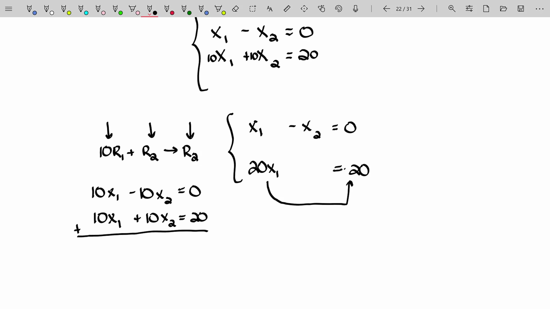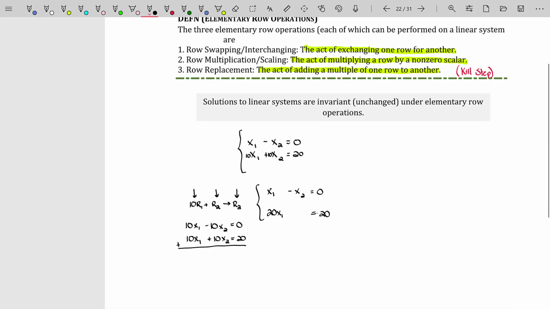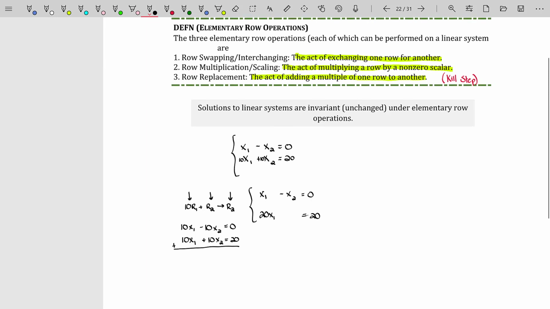So that solution has not changed. And by the way, if x sub 1 is 1, it forces x sub 2 to be 1 as well. So the solution still hasn't changed within the system. Again, a pretty decent justification as to why that elementary row operation does not change the solution to the system.